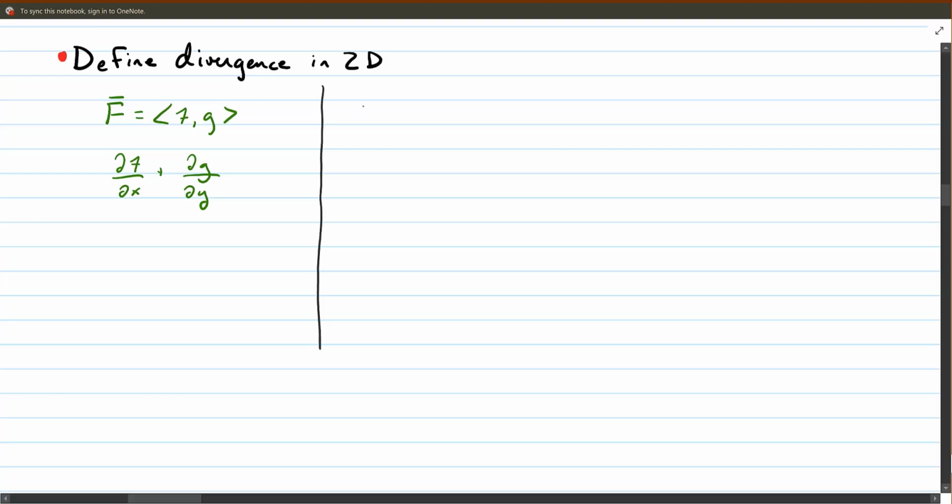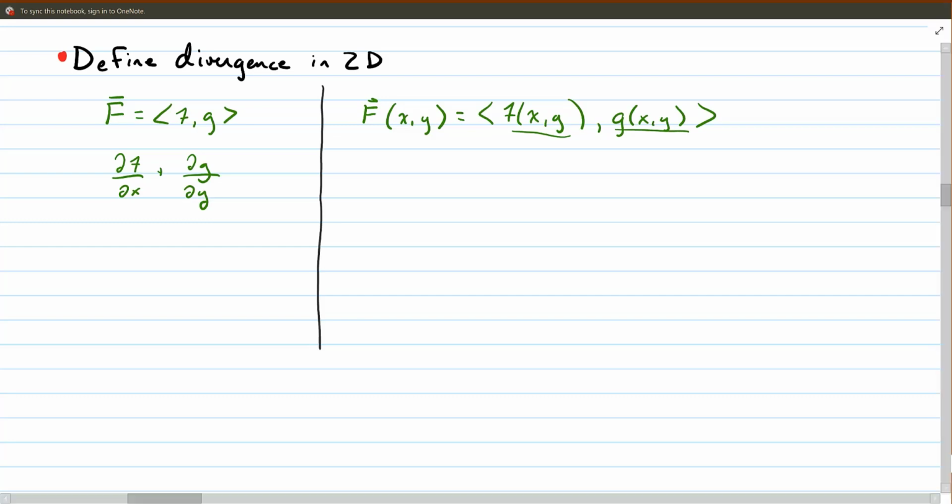In reality, what we have when we talk about a vector valued function is a function that inputs a point, x comma y, and outputs a vector at that point. So we give it by the two coordinate functions f and g. We've got the function f of x y and the function g of x y, where f gives the x component of the vector and g gives the y component of the vector.